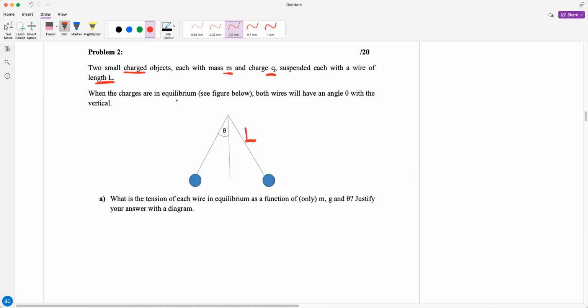They will repel each other, and the question is what is the tension of each wire in equilibrium as a function of m, the mass, g, and theta. Any idea how to solve this problem?